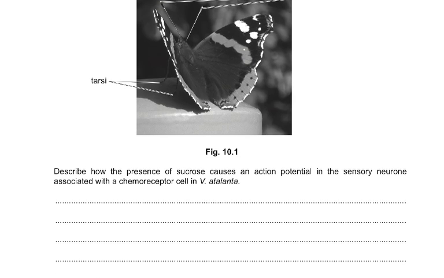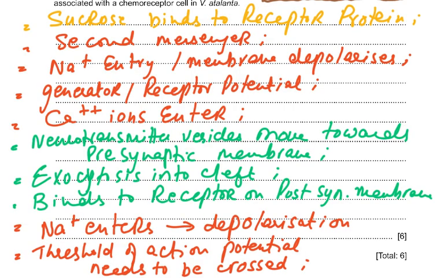Describe how the presence of sucrose causes an action potential in the sensory neuron. That's a very important part of the syllabus. How the presence of sucrose causes an action potential in the sensory neuron associated with a chemoreceptor cell in V. atalanta. Now, we have lots of points here.